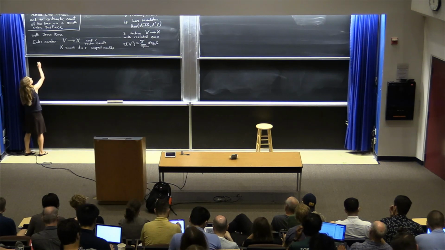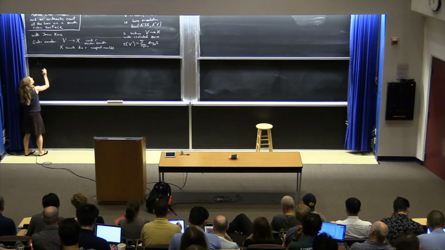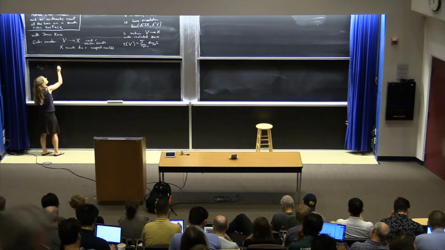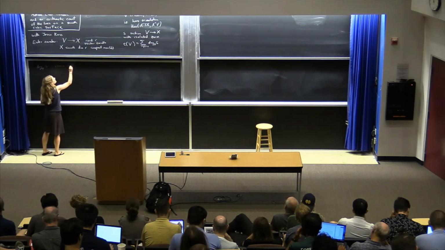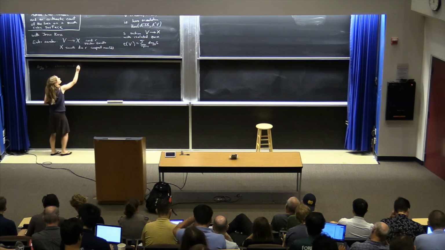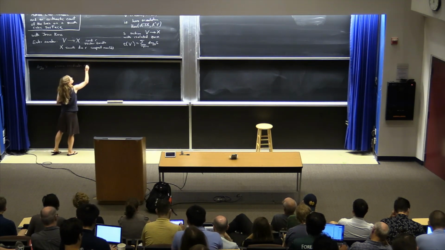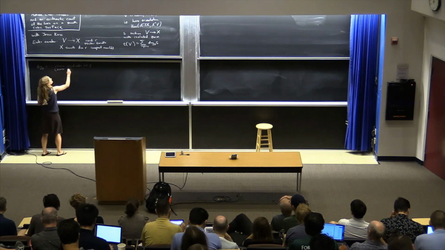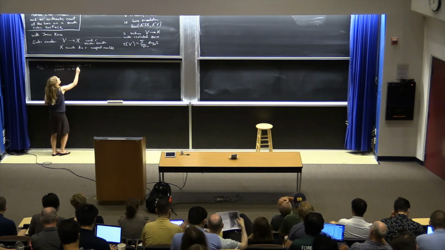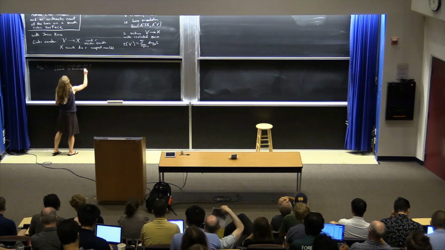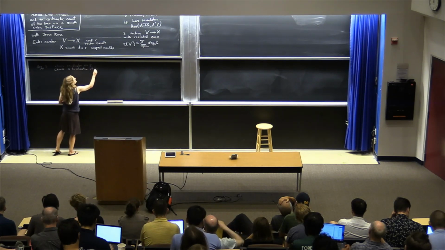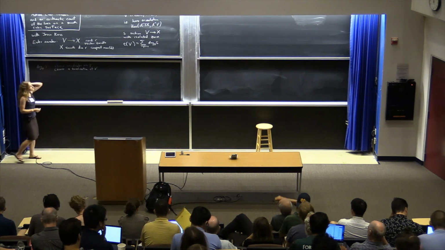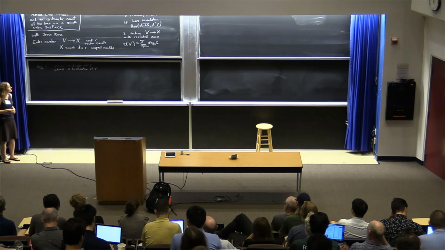Here we're going to describe this local index, and we can choose coordinates on the manifold near P, and we can choose a trivialization of V, and we'd like these to be compatible with the orientation in the following way.